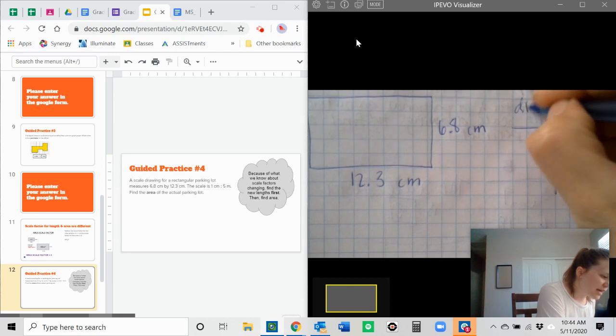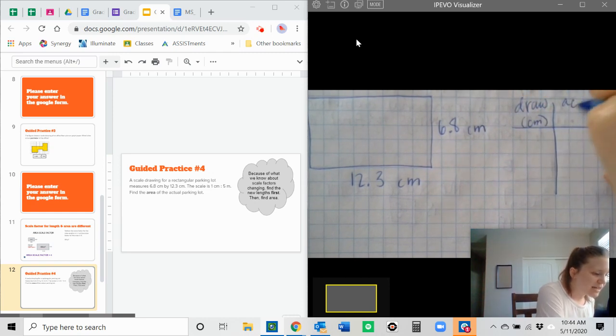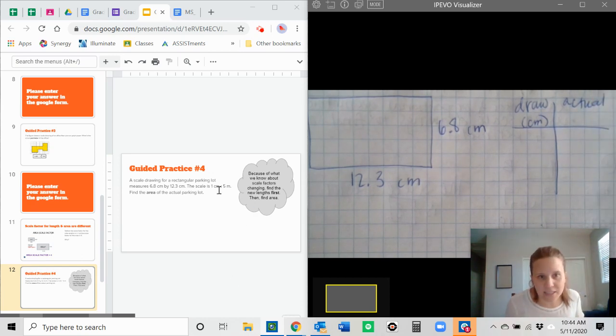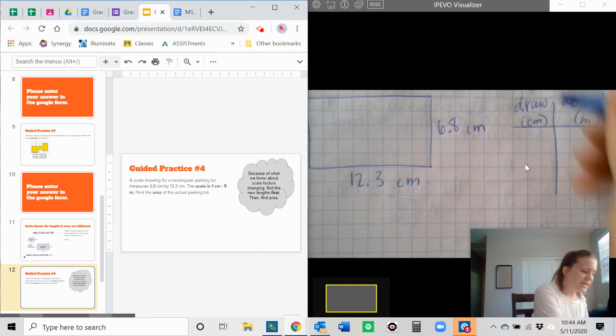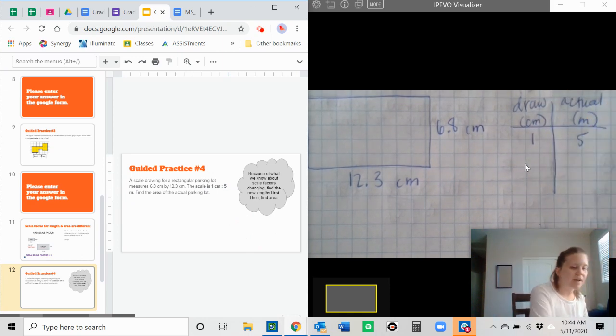In my drawing, in centimeters, and in my actual, let's see, it says right here 1 centimeter to 5 meters. So my actual is going to be in meters. The scale is given in the question, 1 centimeter to 5 meters. So I'm going to go ahead and put that in, 1 centimeter to 5 meters.